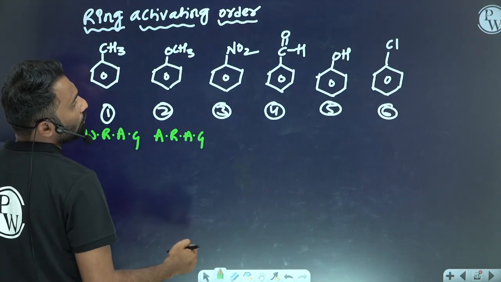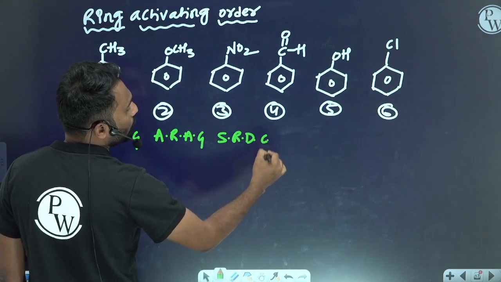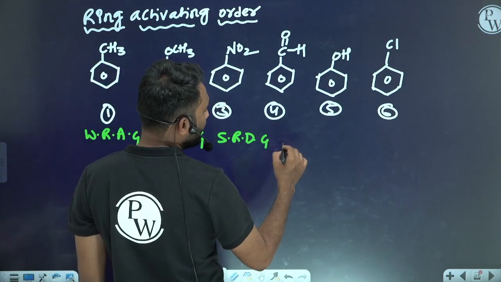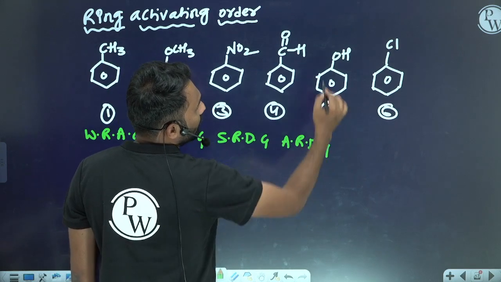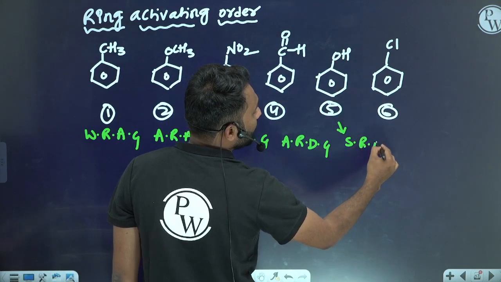Now nitro is a strong ring deactivating group. Benzaldehyde is an average ring deactivating group. Phenol is a strong ring activating group.